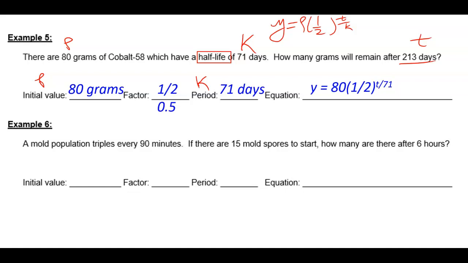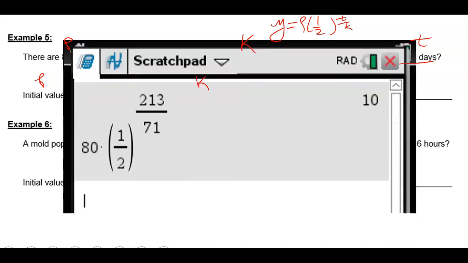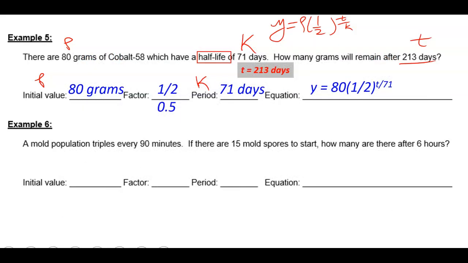Can you plug in 213 in for t? 80 times 1/2 to the power of 213 over 71. You end up getting straight up 10. 10 grams of cobalt 58 will be there after 213 days if it has a half-life of 71 days, starting with 80 grams. Cool.